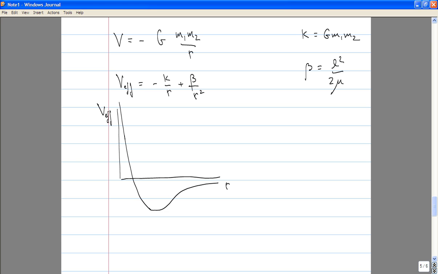Note that it approaches zero at large r from below, because at large r, this effective potential is minus k over r. So it goes like 1 over r at large distances with a negative coefficient.